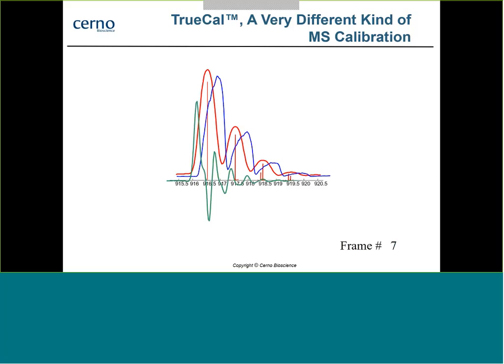Once we've compared these two, this ideal mass spectrum, the true mass spectrum, with the measured mass spectrum, we can calculate a correction function or a calibration function, which is shown in green there, that when applied to the measured mass spectrum will not only correct for the mass position, or the accurate mass of the mass spectrum, but will also calibrate the line shape as well.